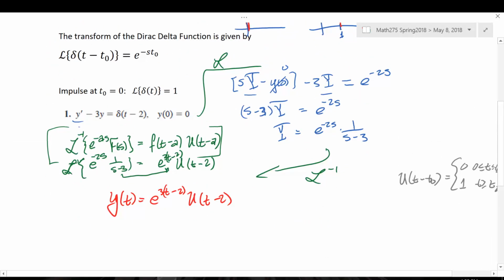Because capital F of s is 1 over this, and the translation back from capital F to little f is the exponential function. So for that, we needed to know our other Laplace formulas. We need to have these things really handy.